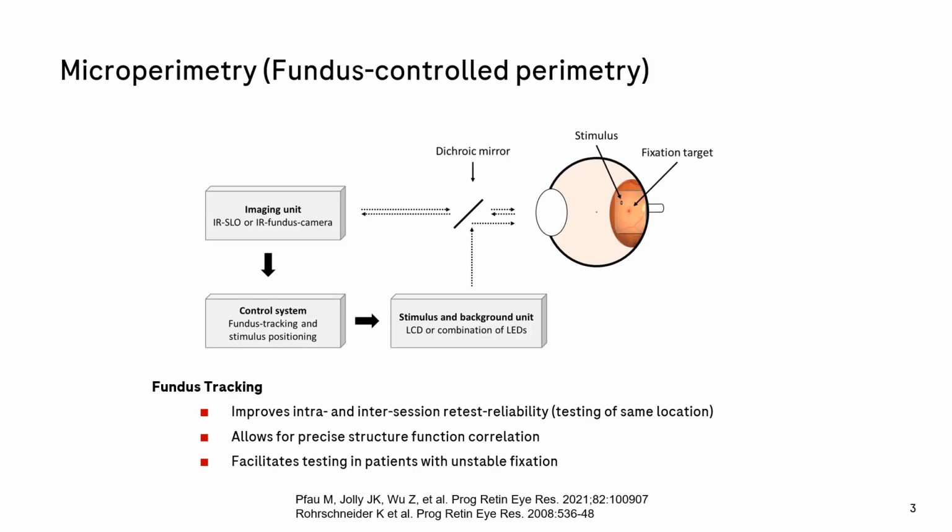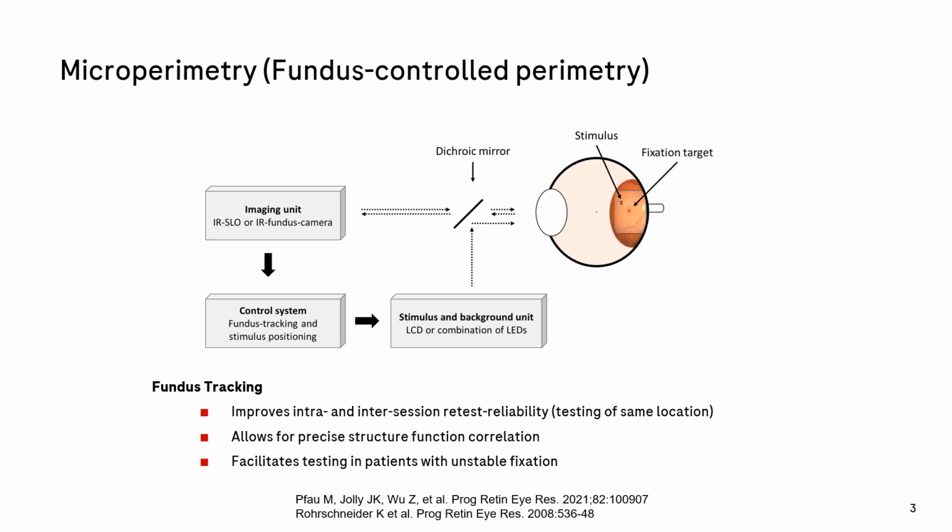What is the principle of microperimetry? Microperimetry is essentially visual field testing, so you present stimuli, which are bright in the beginning and get increasingly dimmer, and the patient has to press a response button to indicate whether he saw or didn't see the stimulus. The difference to regular visual field testing is that you also have an imaging unit, so you can simultaneously track the retina and always place the stimulus at the correct position, even if fixation is unstable.